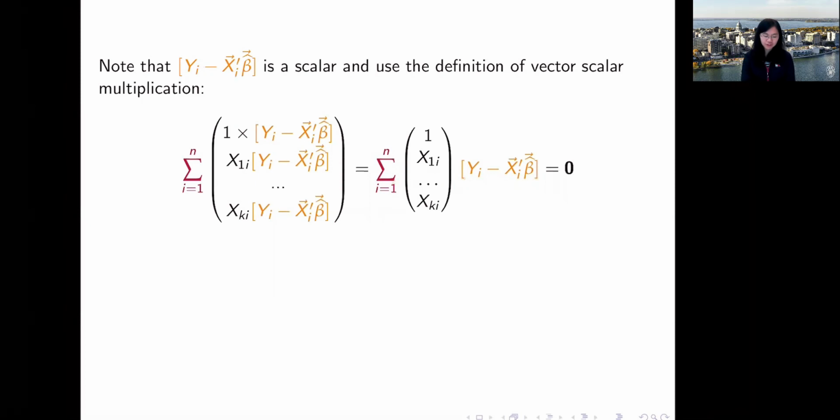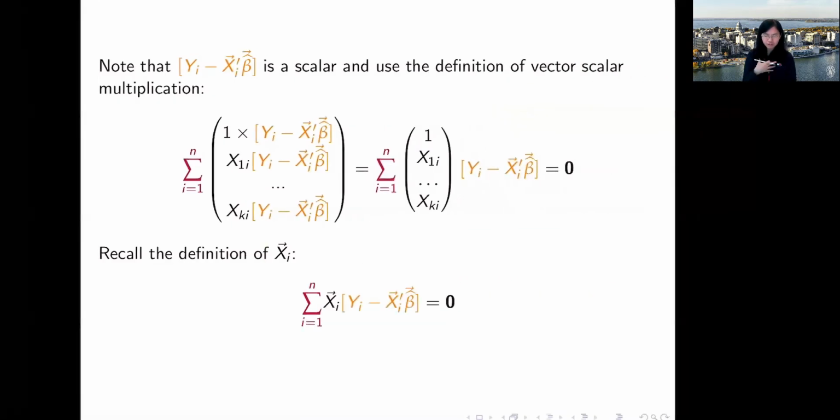So the first order conditions becomes this form. Now recognize what this vector is. That is the xi vector that we defined, the same xi vector that we defined a few slides ago.